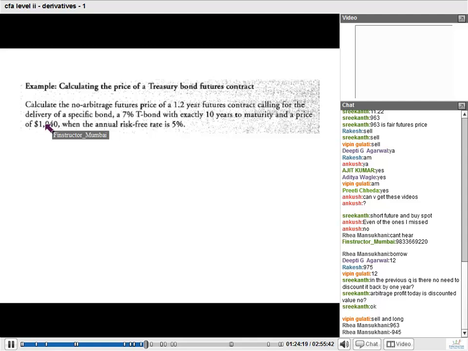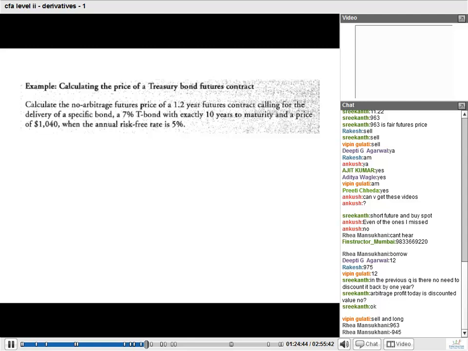So now we talk about futures in specific markets, that is the bond markets, currency markets, stock markets. So compute the no arbitrage futures price. So exactly 10 years, 7% coupon and 10 years to maturity and a current price of 1040.